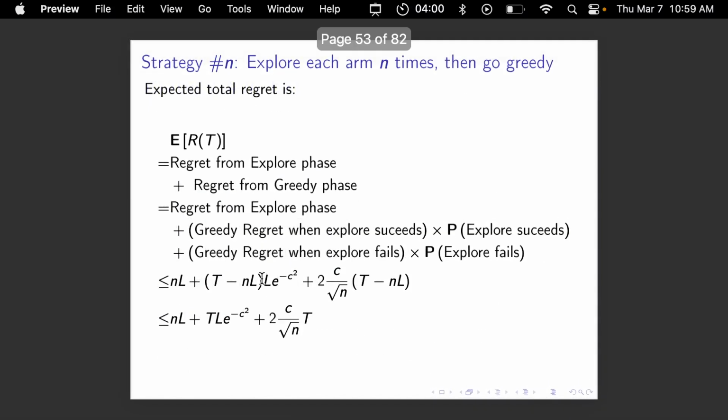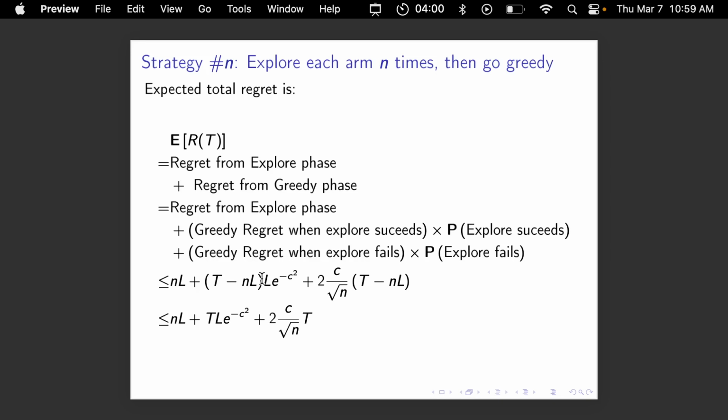Any questions about how I came to this calculation of the expected total regret of exploring for n steps and then going afterwards? Yeah. For the c squared of n, is it like the sampling mean distribution standard error type thing? Yes, exactly.